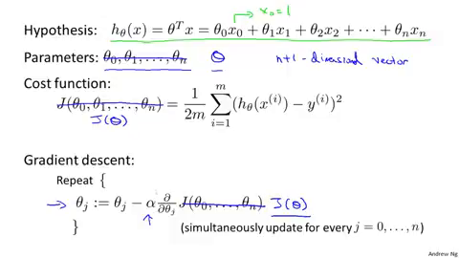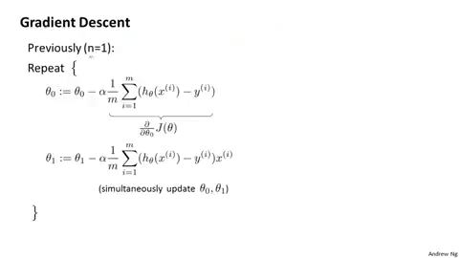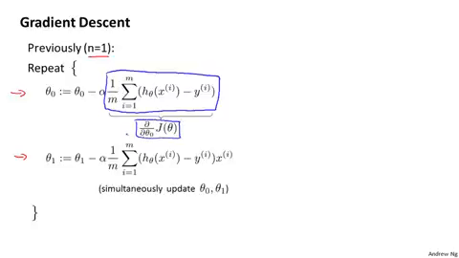Let's see what this looks like when we implement gradient descent, and in particular, let's see what that partial derivative term looks like. Here's what we have for gradient descent for the case when we had n equals 1 feature. We had two separate update rules for the parameters theta 0 and theta 1, and hopefully these look familiar to you. And this term here was, of course, the partial derivative of the cost function with respect to the parameter theta 0.